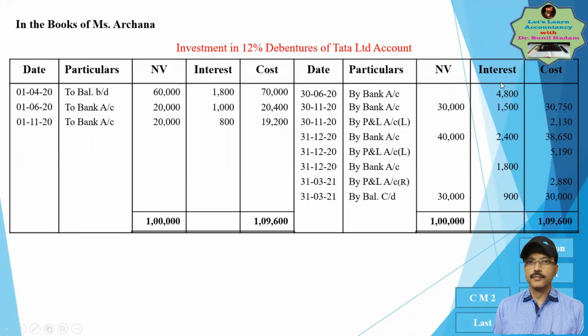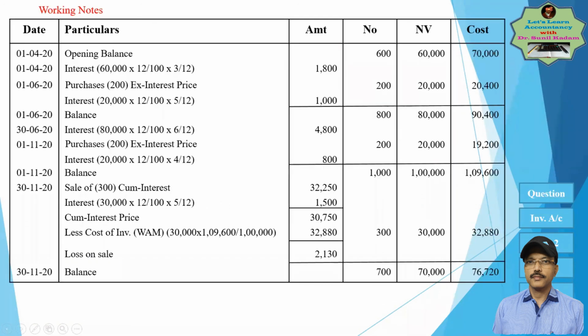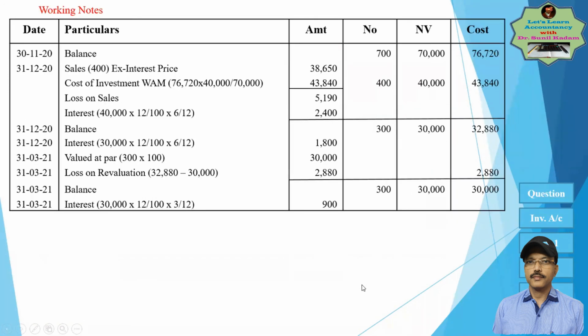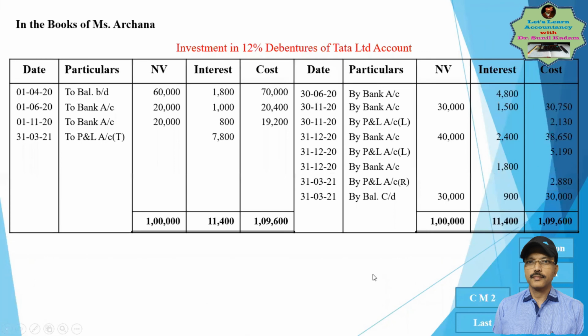After charging the accrued interest, we get a total of 11,400 that will be debited, and the balancing figure on 31st March 21 will be transferred to profit and loss account as 7,800. In this manner, you have to present your investment account. This is your investment account and working note 1 on the first slide, working note number 2 on the second slide. So this is our answer.